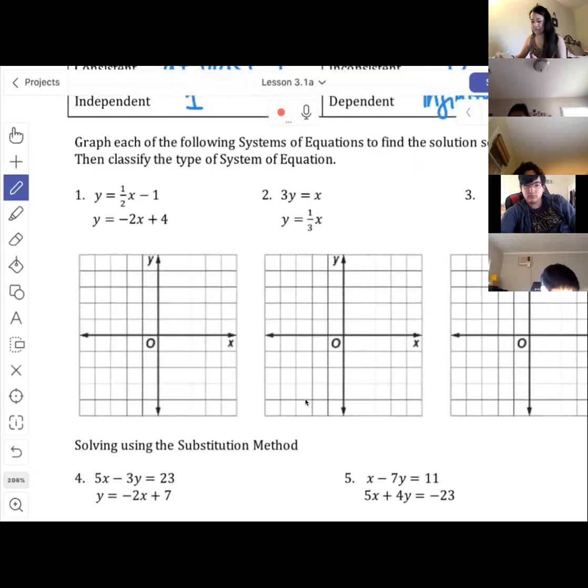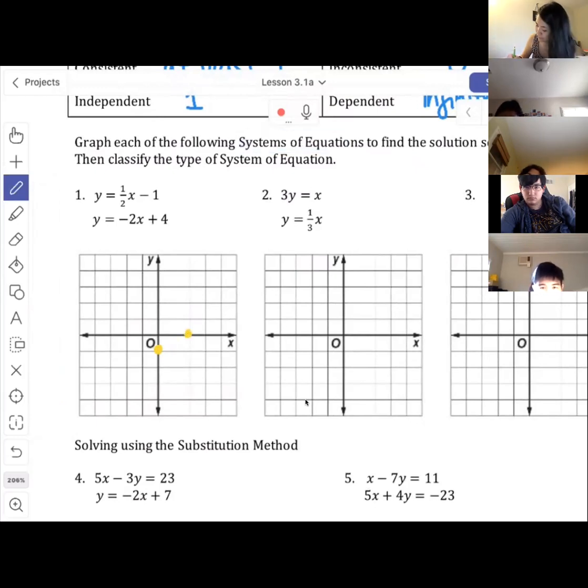Help me graph. So you look at the y-intercept. Are we doing number 1? Yes. Okay, so y equals 1 half x minus 1. So just graph that, so -1 as the y-intercept. And then up 1 over 2.